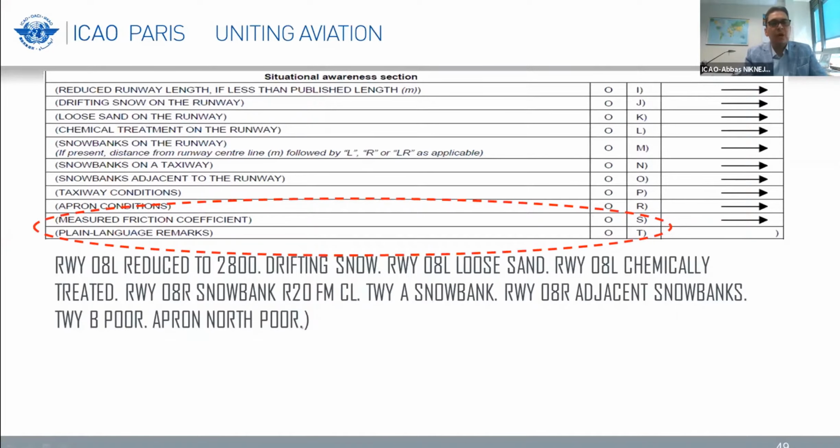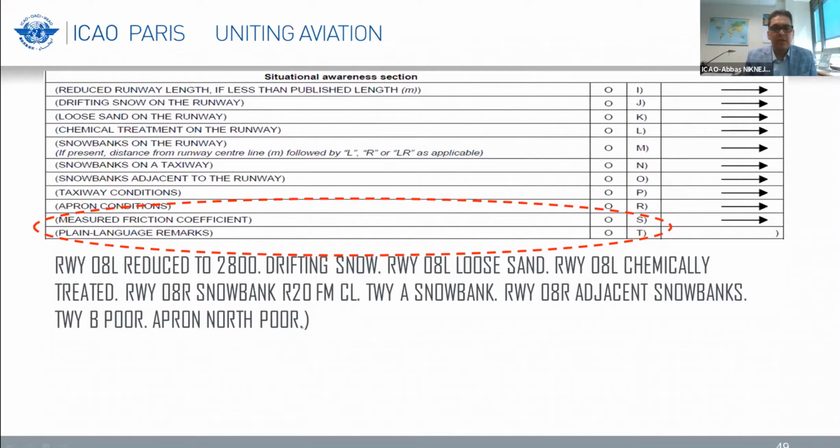The last two items are measured friction coefficient, item S, which is not anymore required by ICAO, PANS-AIM, and also PANS-Aerodromes, but it's kept here for those states who would like to report braking action or friction coefficient, and they must have their own national requirements and national procedures.